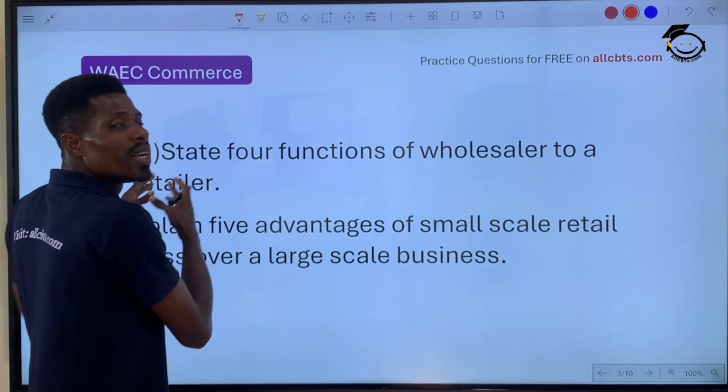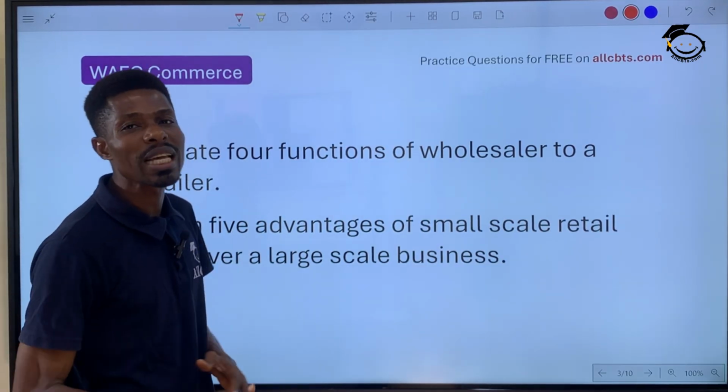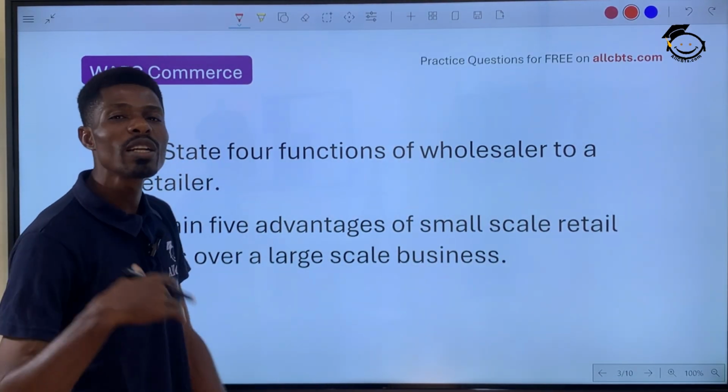A wholesaler will buy goods in bulk from the producer and break it into smaller quantities and sell it to a retailer, who will finally sell it to a consumer.